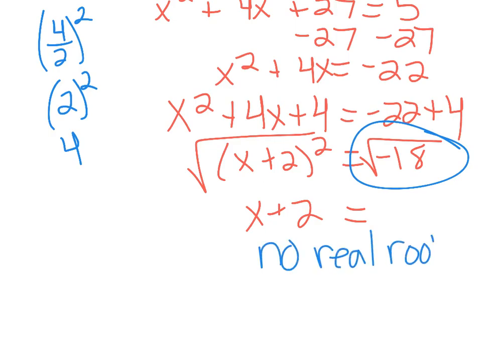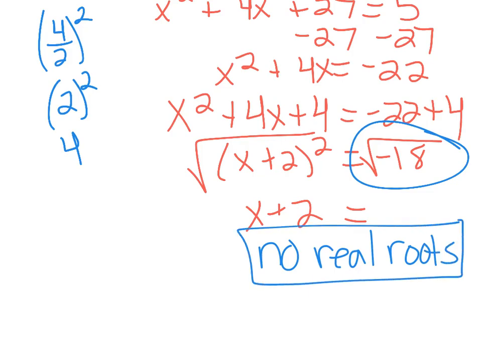And I believe if you're using a TI-84, it'll tell you non-real. And in that case, there are no real roots. What that means, when you have this parabola graphed, let's just say, I don't know where this one is specifically, it has no real roots, which means it never touches the x-axis. There are no x-intercepts. Okay, see if you can complete the rest on your own.